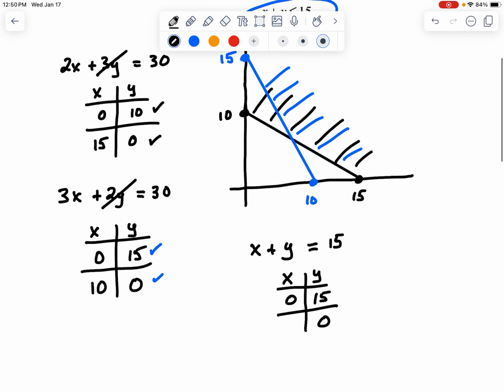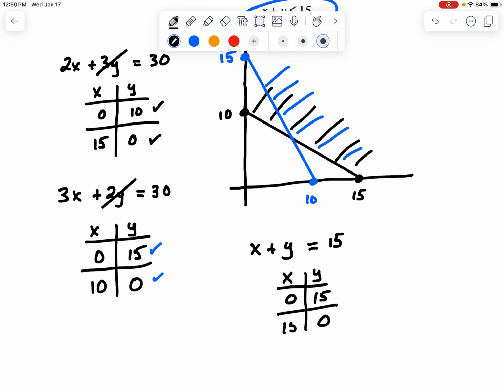And likewise, if y equals 0, then x equals 15. And I'm going to make that one red. So 15 is right there for the x value, and 15 is right there for the other point. And then connect those two with a nice straight line.